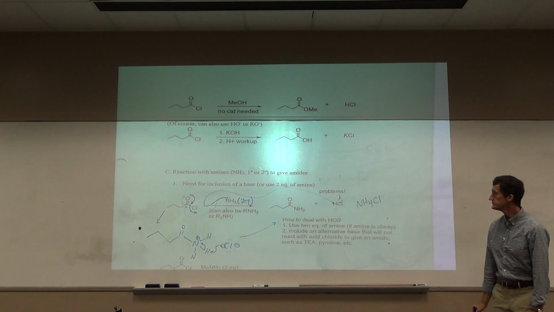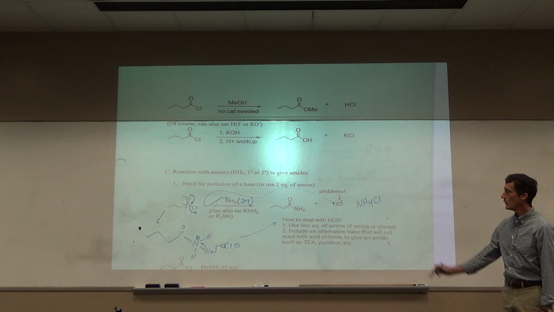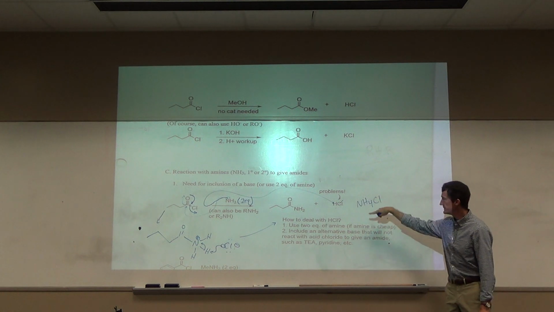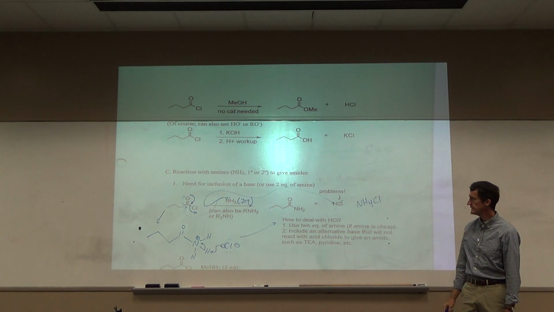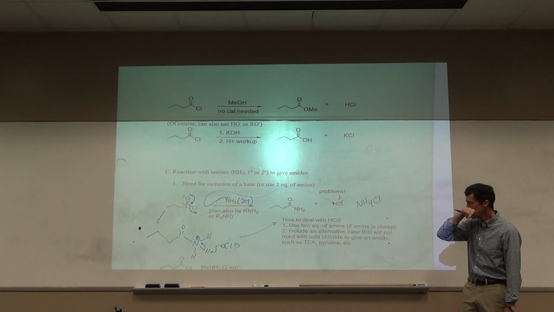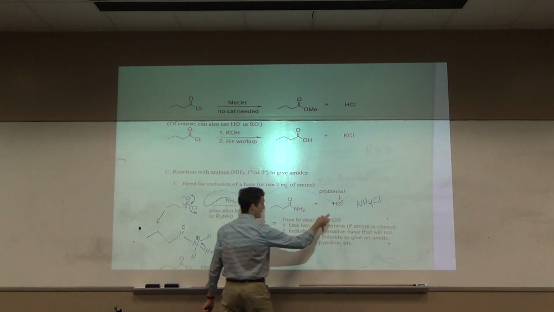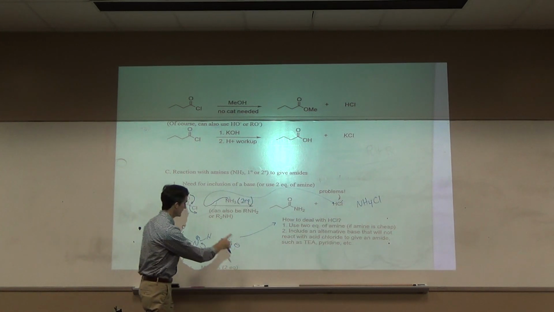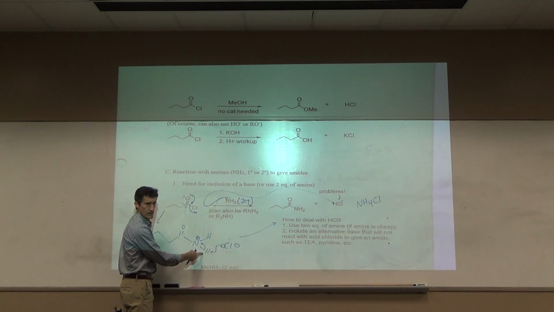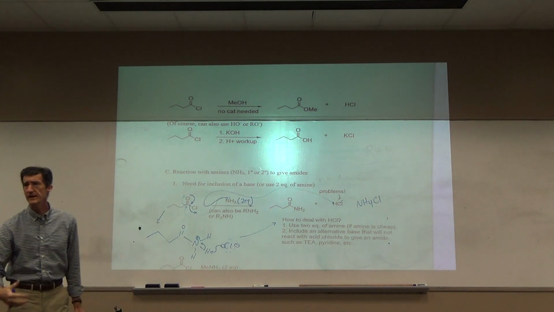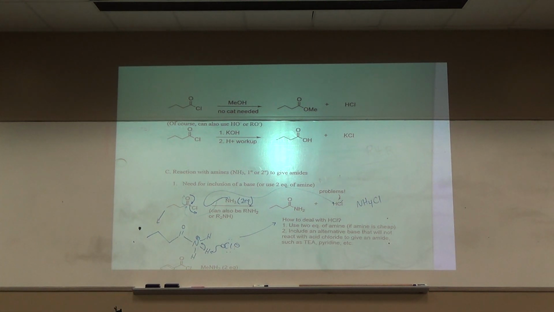One ammonia reacted with the acid chloride, another ammonia reacted with HCl. You can get ammonium chloride by ammonia reacting with HCl, or you can show ammonia taking the H here. Then you would have ammonium, and the Cl minus would just sit with the ammonium.